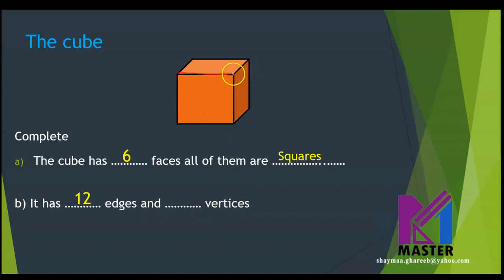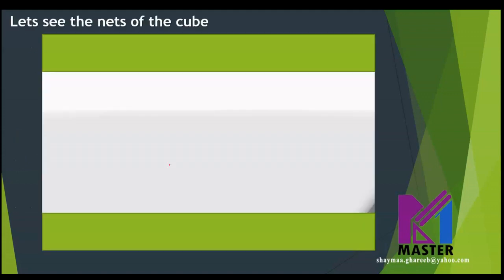When edges meet, they meet at a corner. So we can say that this is a corner and this is another corner, or vertex. So how many vertices in total in the cube? We have 4 up and 4 down in the base. So there are 8 vertices in the cube.